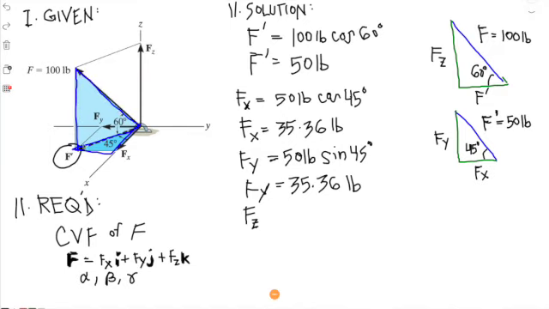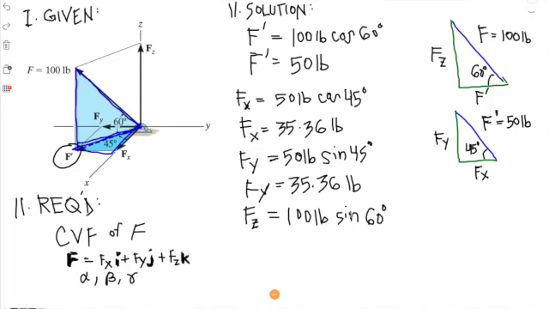Okay, that is our first triangle. So Fz would just be equal to 100 pounds, and it's the opposite side, so that's Fz equals 100 pounds sine of 60 degrees.